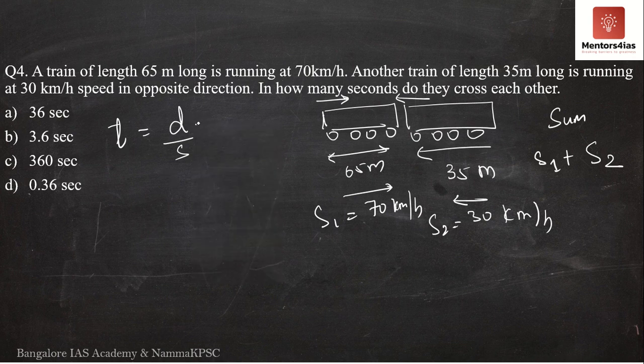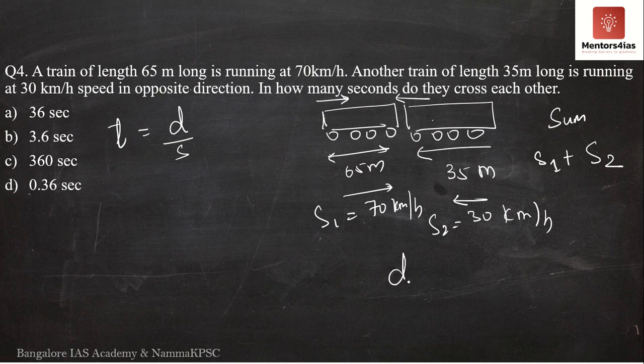Now here, since both the objects have considerable length, that is, this train has 65 meters and this train has 35 meters, then the total length will also have to be the summation of the two moving objects, that is two trains.